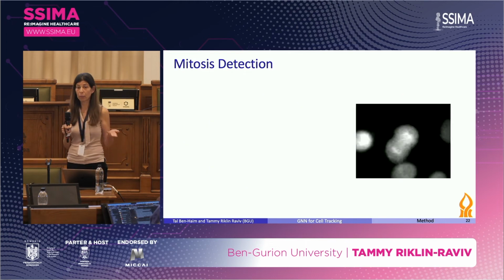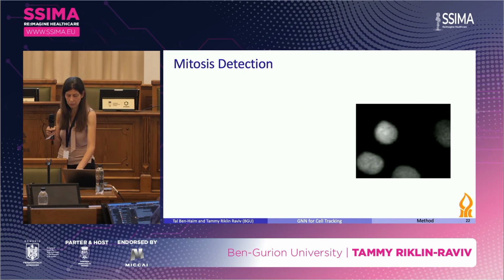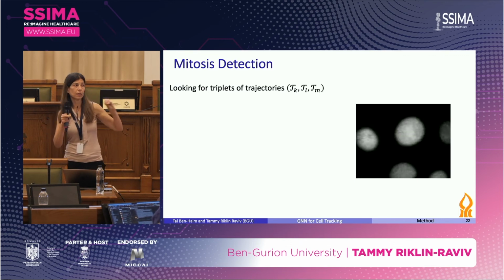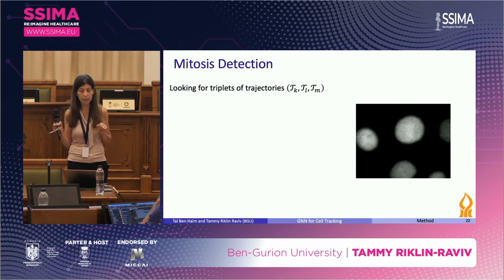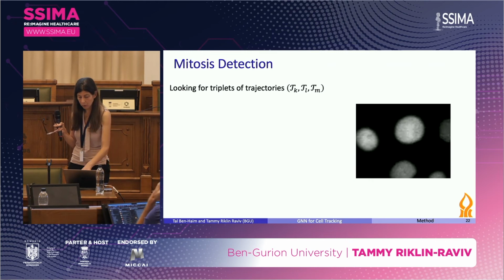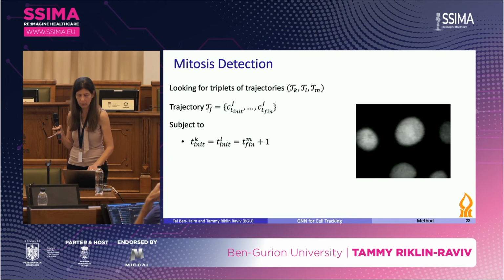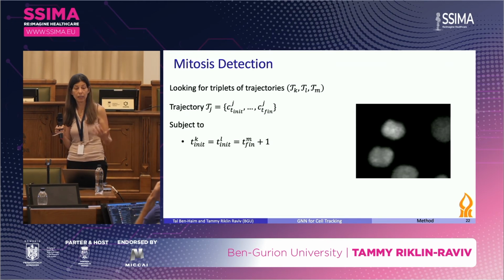How do we solve for mitosis? This is post-processing in many cases. In some cases, one instance is connected to 2 or more instances in the next frame, but not all the time. So for that, we need a triplet. We define a sequence by the initial cell instance and the final cell instance.